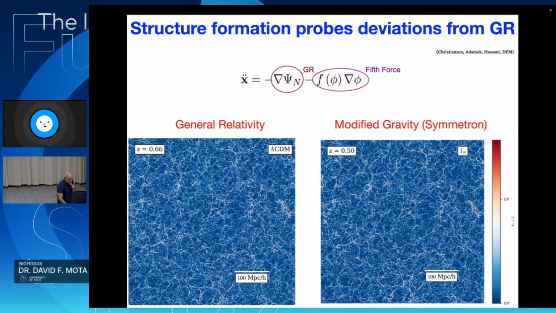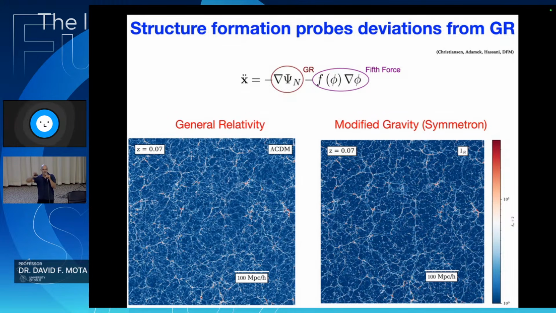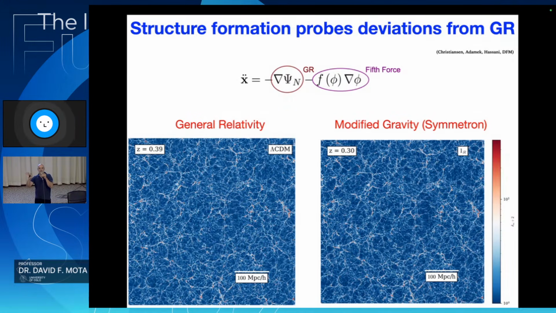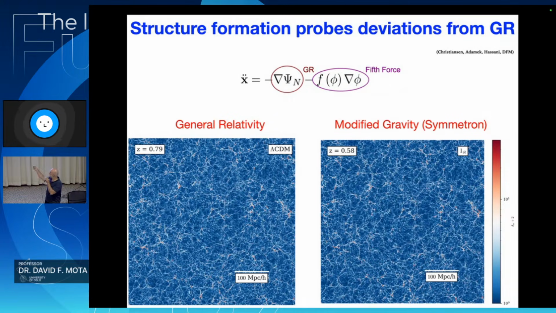All the theories that I'm going to show you satisfy the background cosmology. All of them. So you don't need to worry about supernova type 1a and so on. They all satisfy the background constraints, so they are all very similar to lambda CDM at the background level. The differences will be in structure formation.